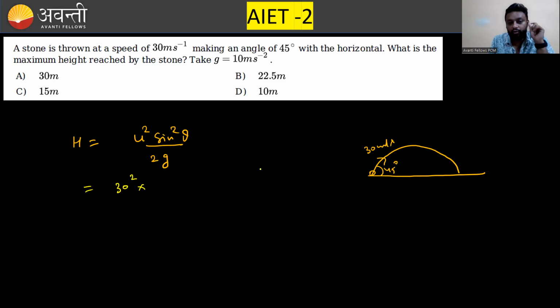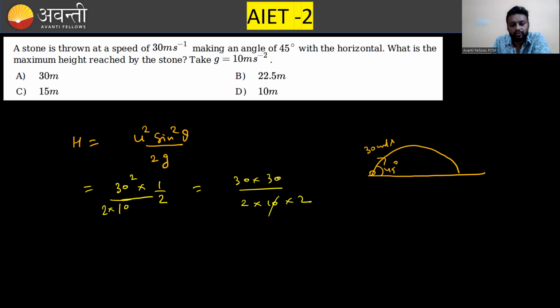Sine 45 is 1 by root 2. If you square it, it will become 1 by 2, divided by g is 10 and 2 means 2. Now if you solve it, that will become 30 into 30 divided by 2 into 10 into 2. 0 and 0 can be cancelled.